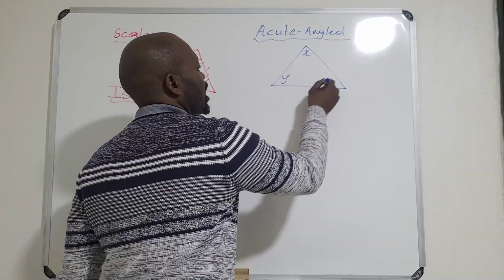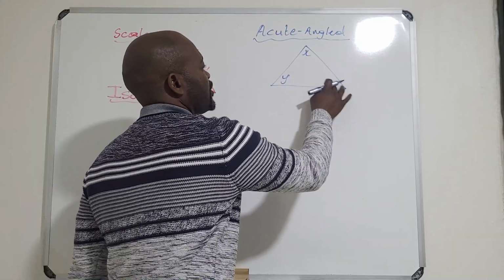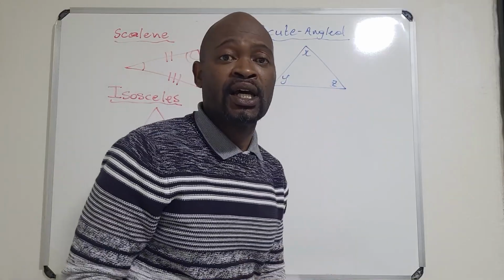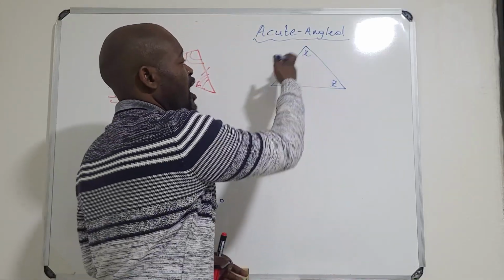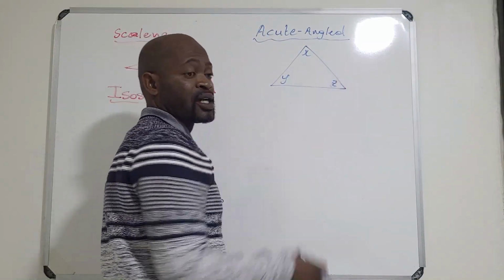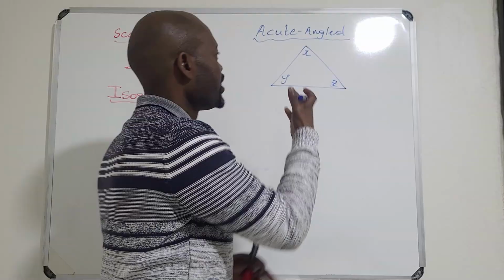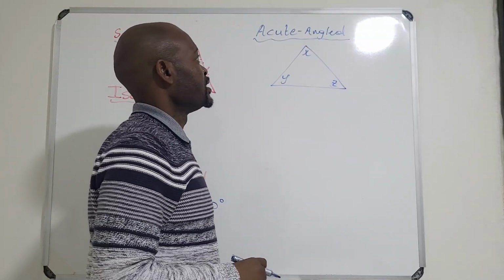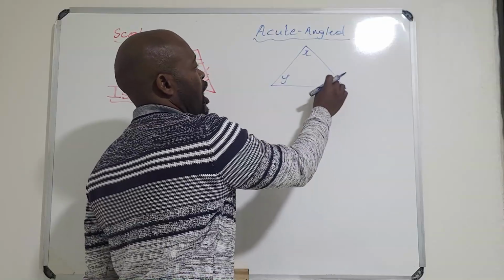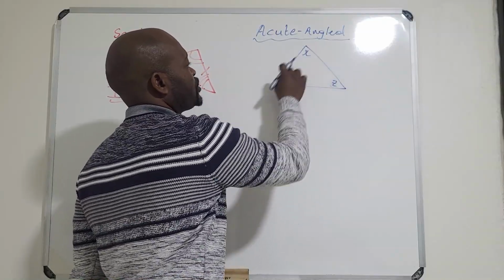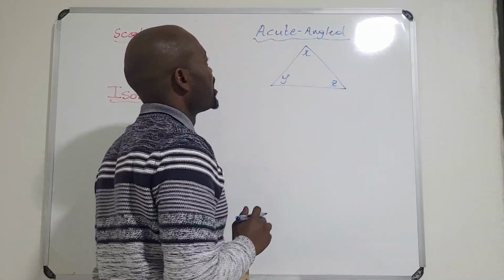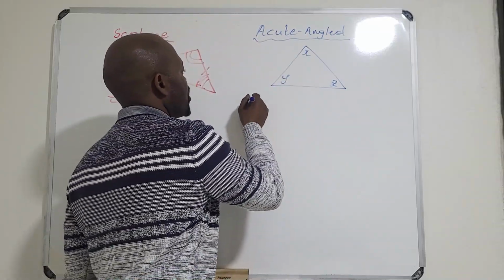If I've got x there, y there, and z there, x, y, and z are acute angles. And acute angles, which we talked about, are angles which are greater than 0 and less than 90. An acute angled triangle is a triangle where all three angles are less than 90.